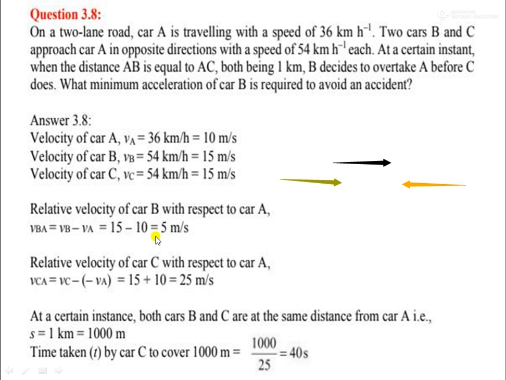Now if you calculate the relative velocity of car C, it is moving in the opposite direction. When two objects move in opposite direction, the relative velocity can be calculated by adding those velocities.